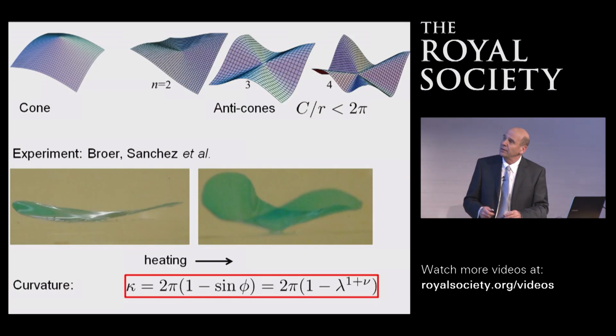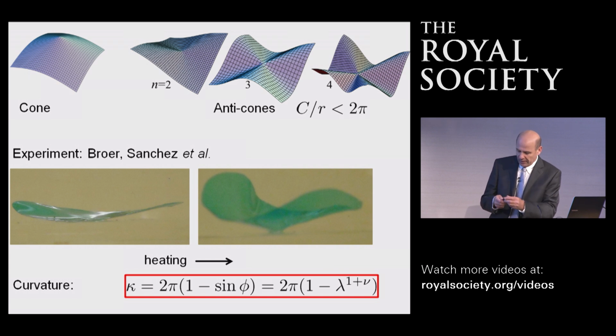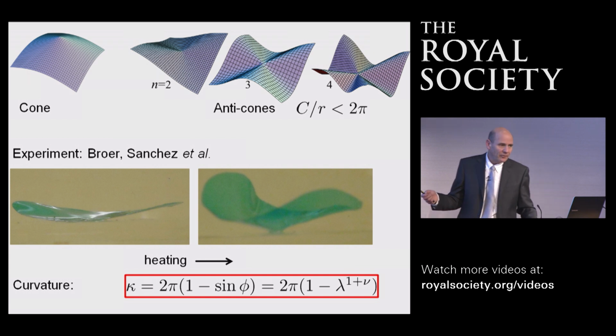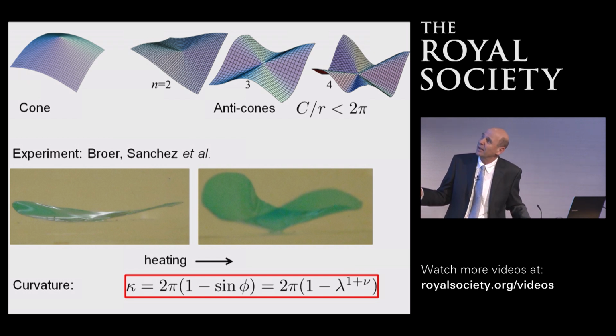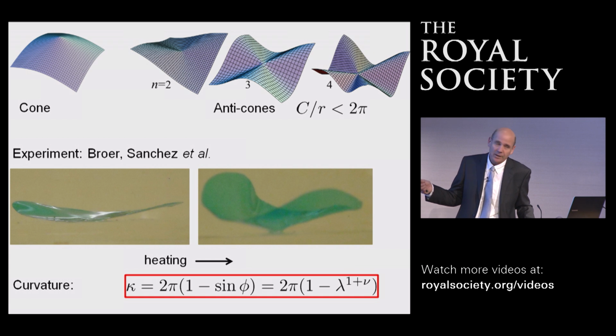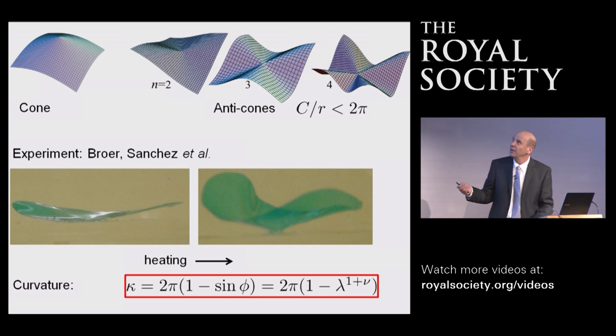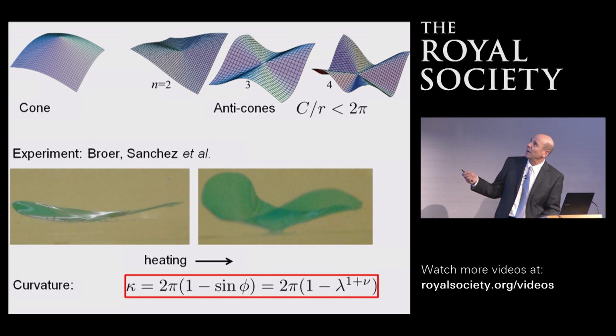So indeed, if we do this, then this is an example of a cone where the perimeter is too short for the radius. And if we do the opposite, then actually the circumference is too long for the radius, and it crinkles up. And these are what you might call anticones. And anticones come in varying degrees. They're sort of quantized in a sense. And the number of wiggles up and down is 2, 3, and 4.